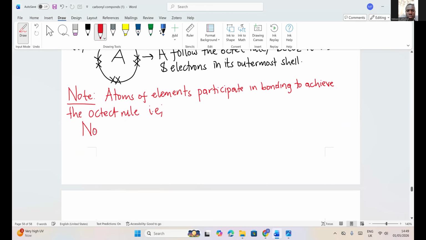So note the 2 illustrations, plus those words which I have written there, plus the highlights which I have made.